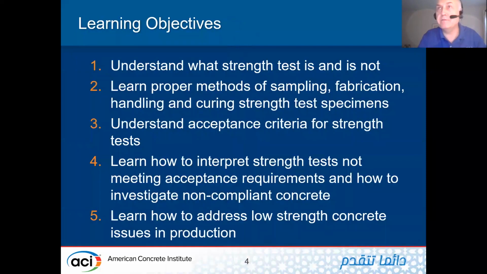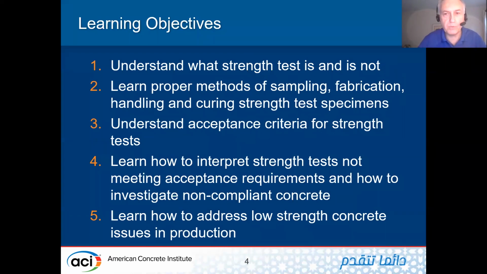The learning objectives for today are to understand what the strength test is and what it is not, and to learn the methods of sampling concrete for those tests, including handling and curing, transportation to the lab and everything like that. Then we'll find out what the acceptance criteria are and understand them a little bit better, and how to interpret strength tests not meeting those acceptance requirements.